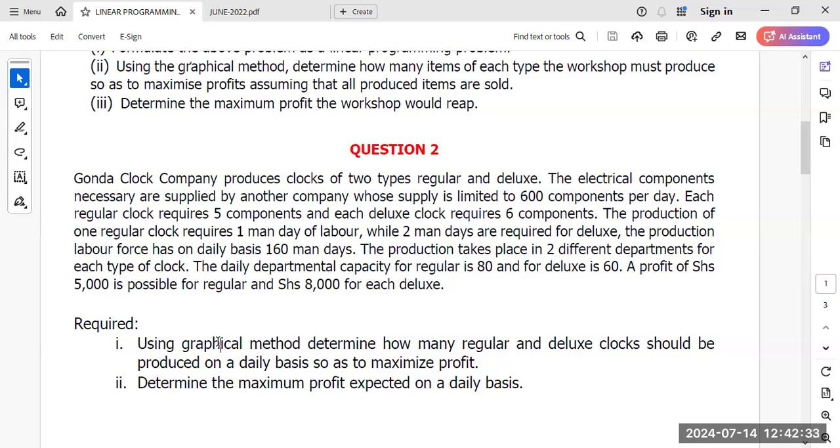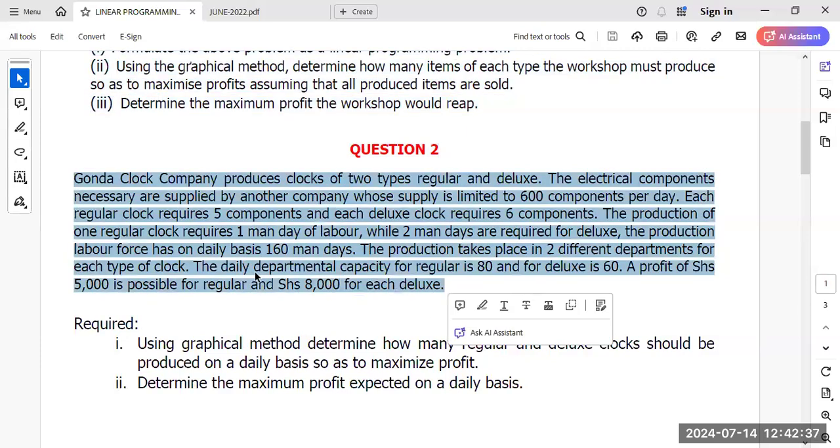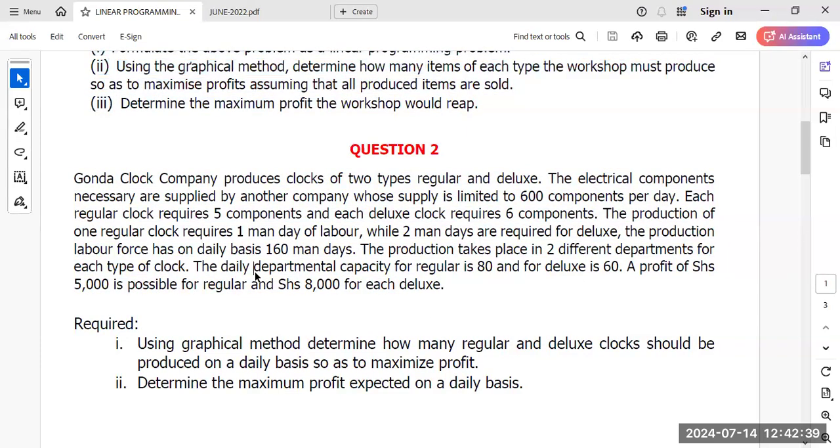So we can formulate it together. We read through our case study. We identify decision variables and define them. Then number 2, we state our objective function. Then number 3, we state our constraints. Number 4, non-negativity, full stop.